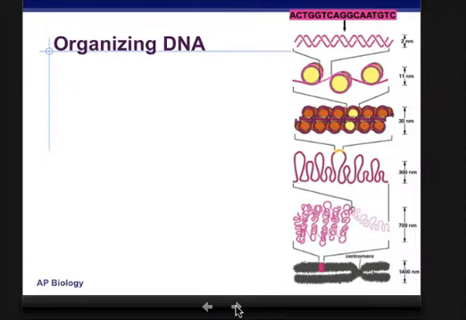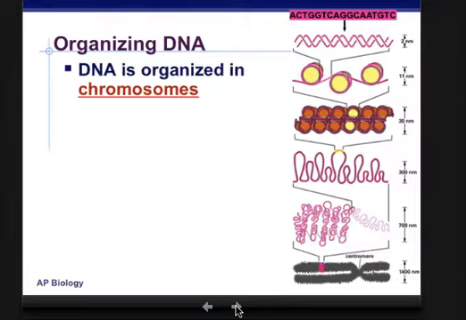But all right, so DNA is organized into chromosomes. Why? Because if we're going to be taking genetic material and taking it from a parent cell into a couple daughter cells, it would be a lot easier if DNA is organized as opposed to being all loose in the nucleus. And of course, we know that DNA is a double helix molecule.